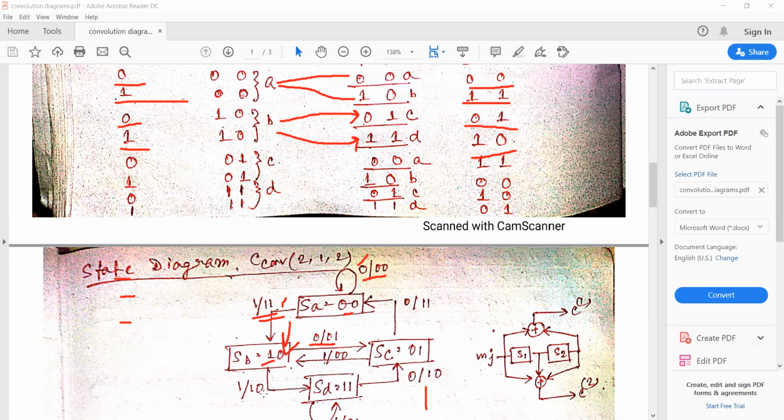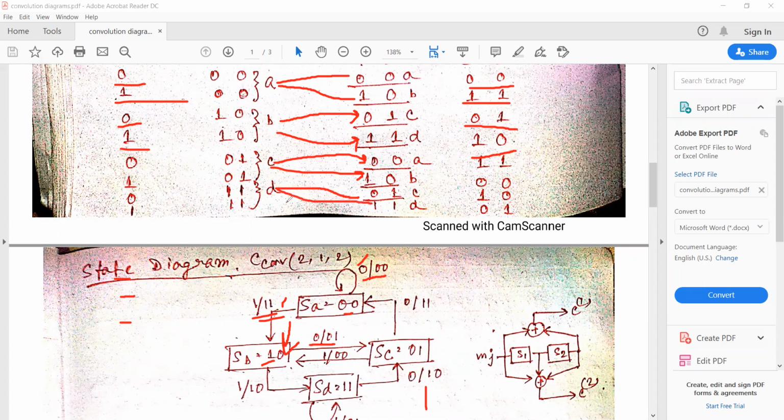I've written it. Okay. As you can draw similarly from C, the possible transformation will be A and B, as well as from D, we can go to C and D.